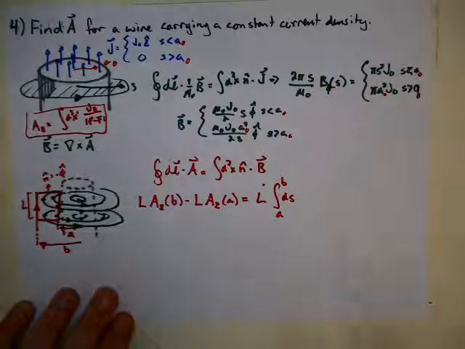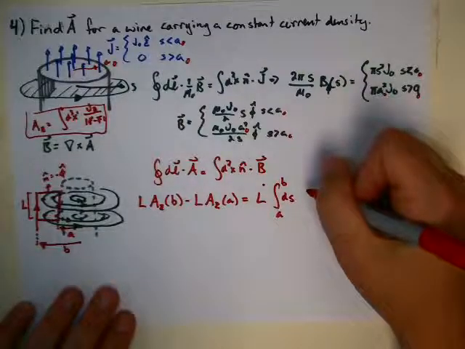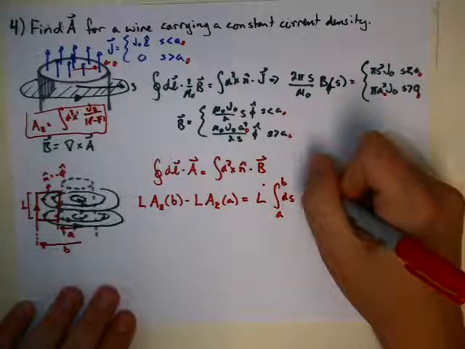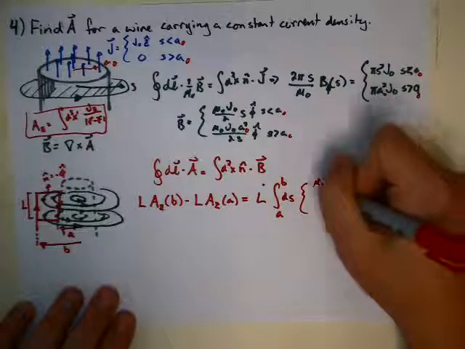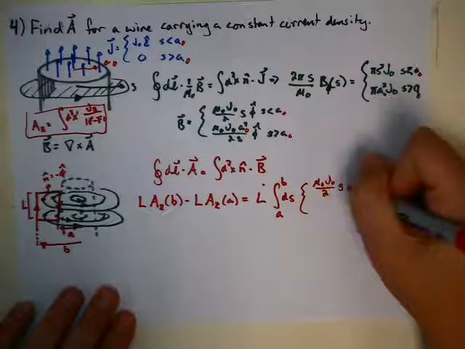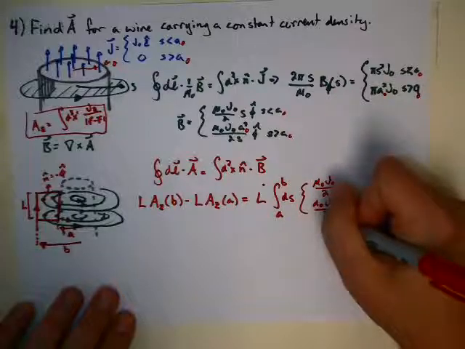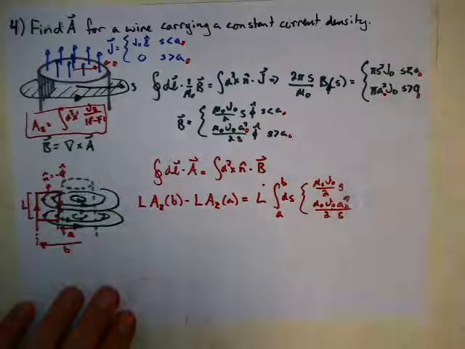So going through, I'm just going to have to plug in this value of b, and so this is this expression here: mu naught j naught over 2s, or a, mu naught j naught over 2 a naught squared over s.